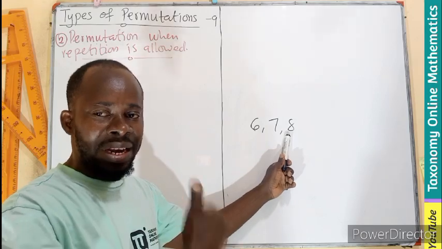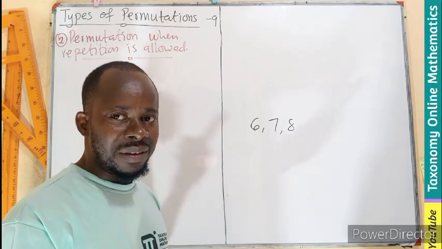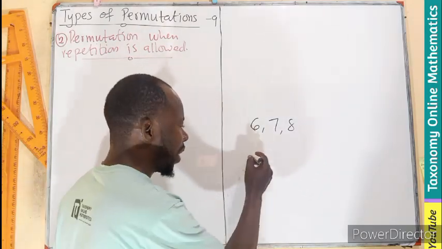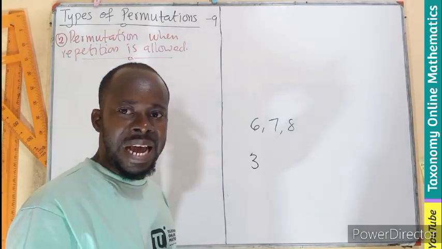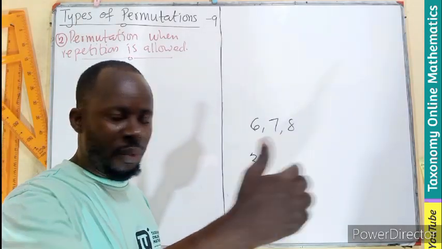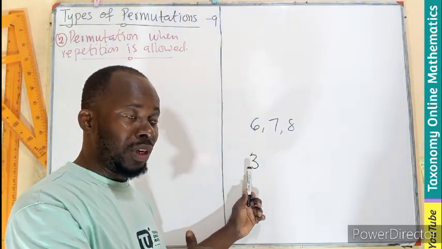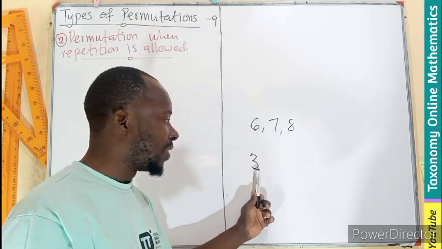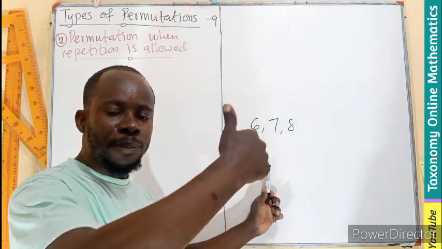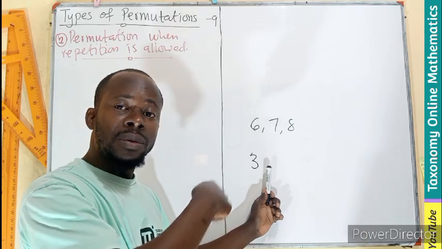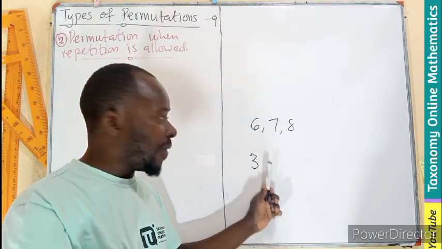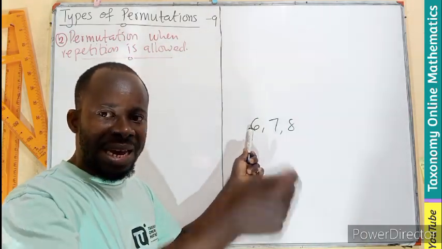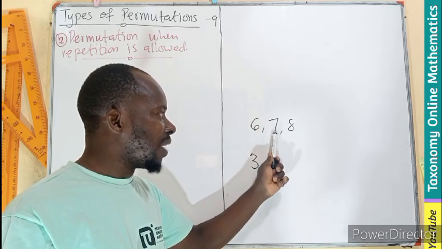So to me, I'll be having 3 different numbers for the first position. So I should be having 3. Then this is going to be the 100th position, the 10th position, and the 1s position. So the 100th position is 3. Then how about the position for the 10? If I pick 6, that does not mean that the second position could only be 7 and 8.